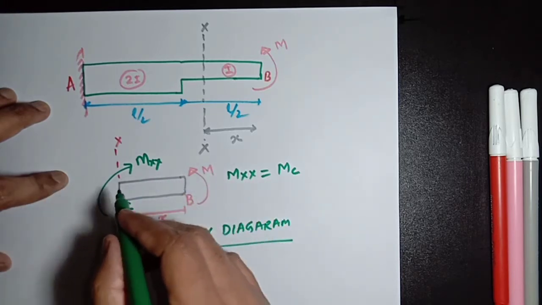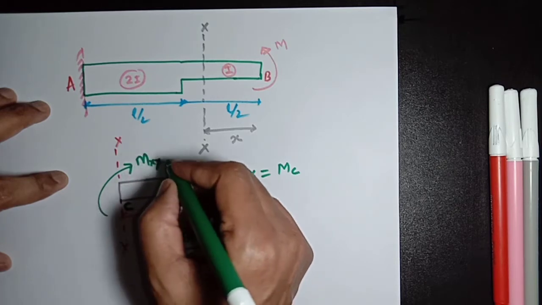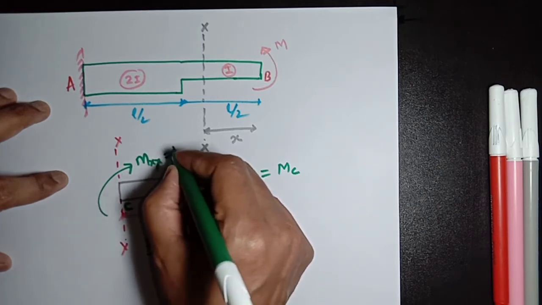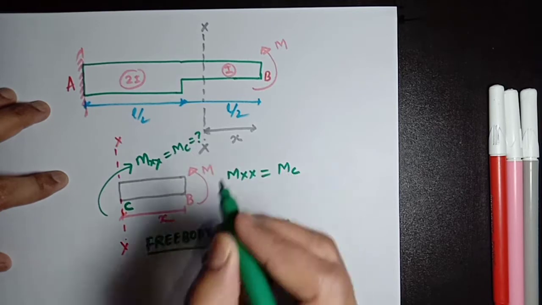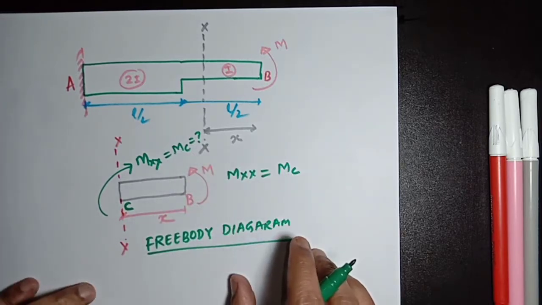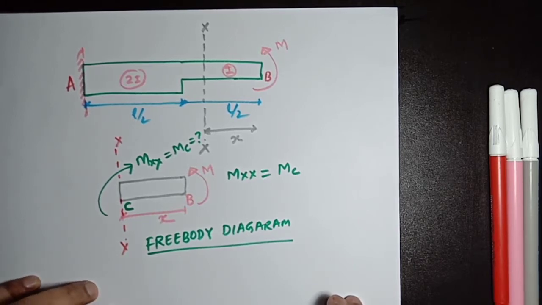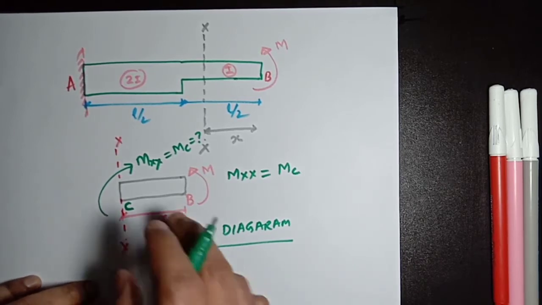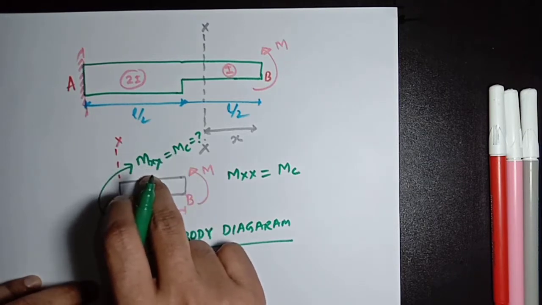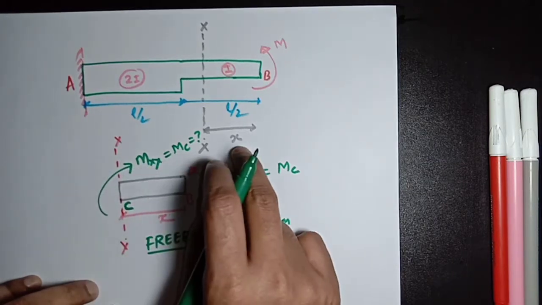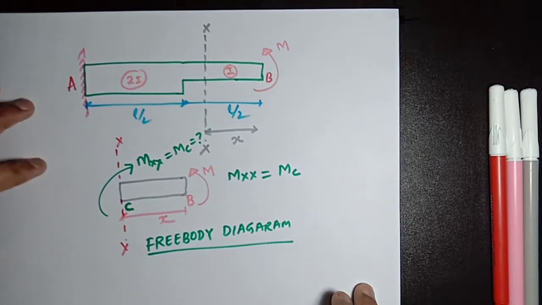And here Mxx, or you can say Mc, we need to find it. After finding this one, we will be able to draw the bending moment diagram, so there will be a general expression, and we will see whether this moment Mc or Mxx is a function of x or not.